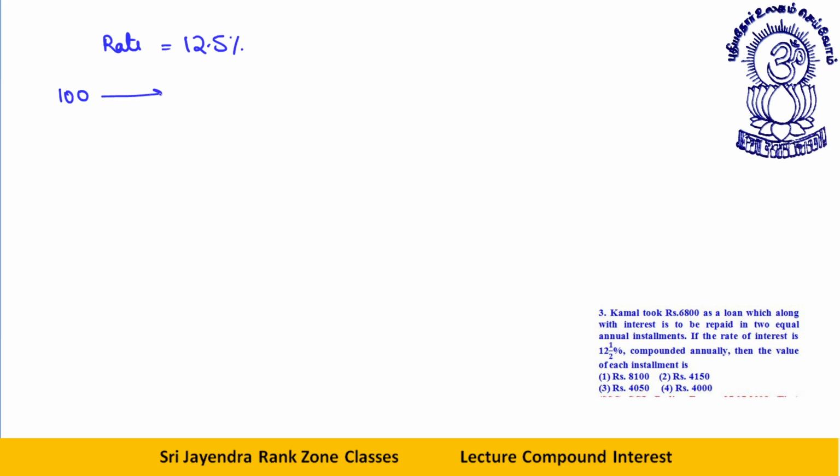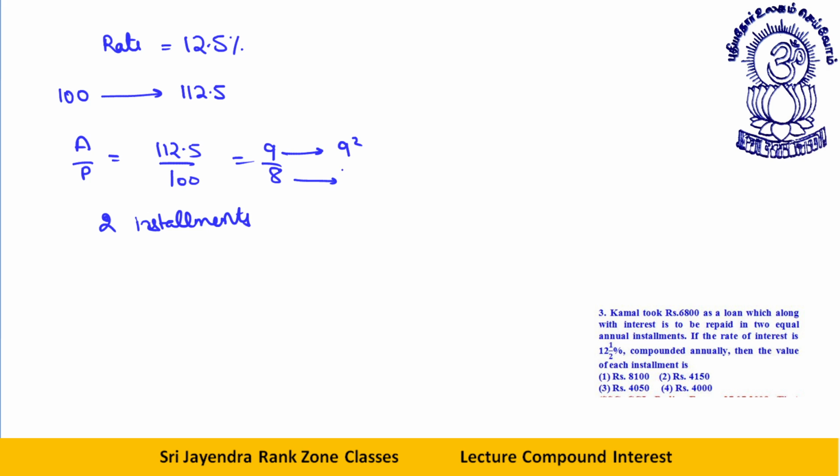Now what I'll do? 100 rupees get changed into 112.5. Amount by principal, 112.5 by 100. This is 9 by 8. Two installments. So this will be 9 square, that is 81.